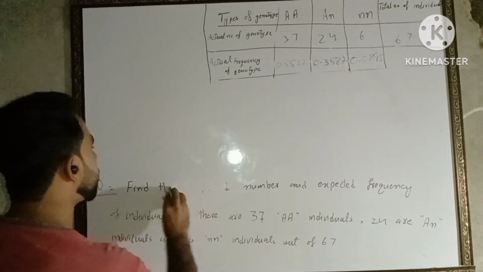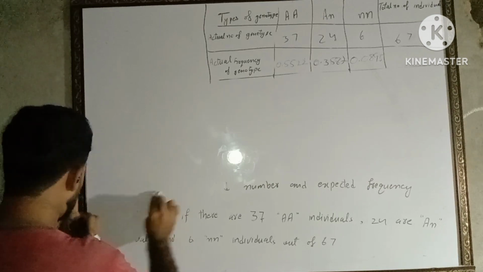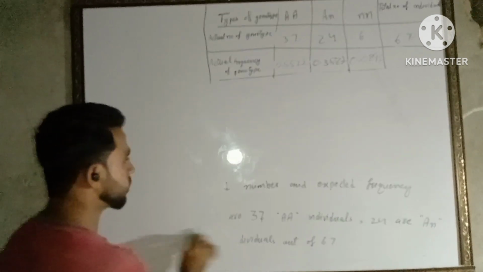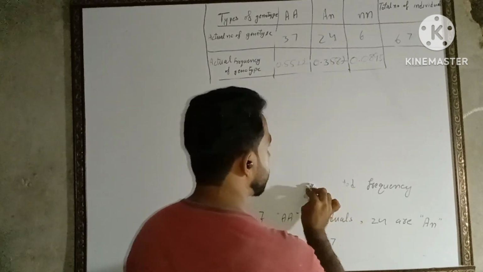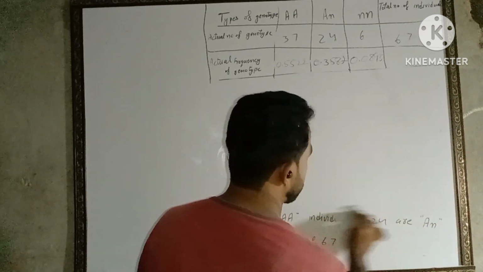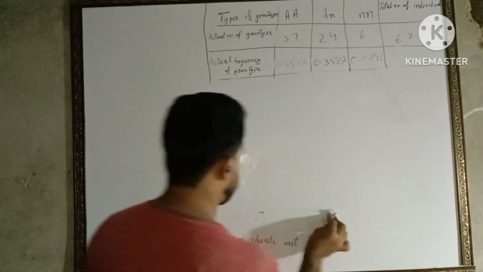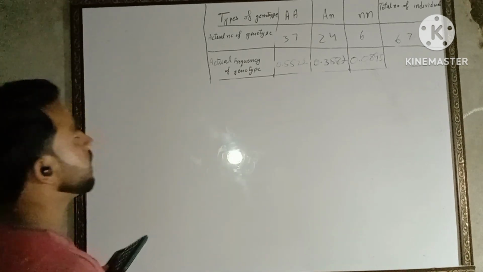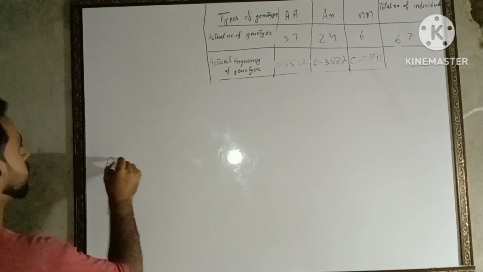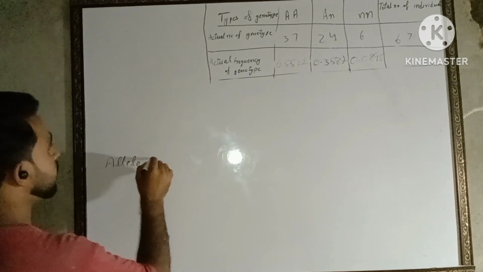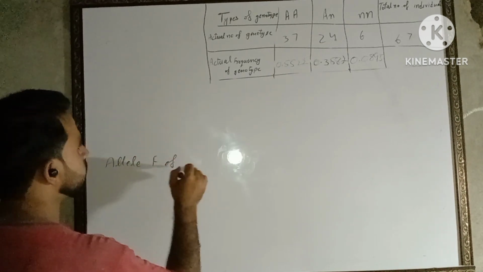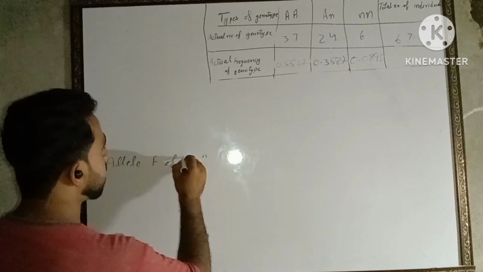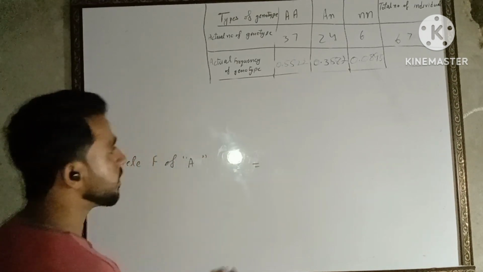Okay, first, we will find the allele frequency of A.